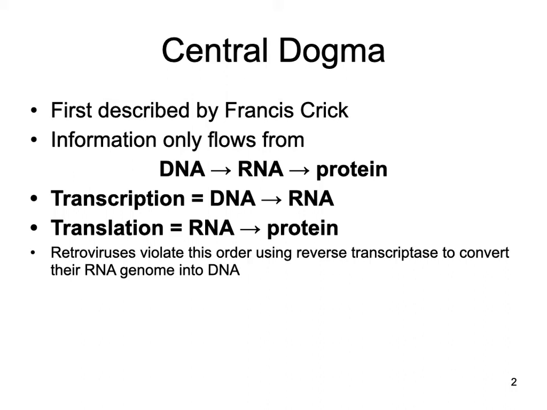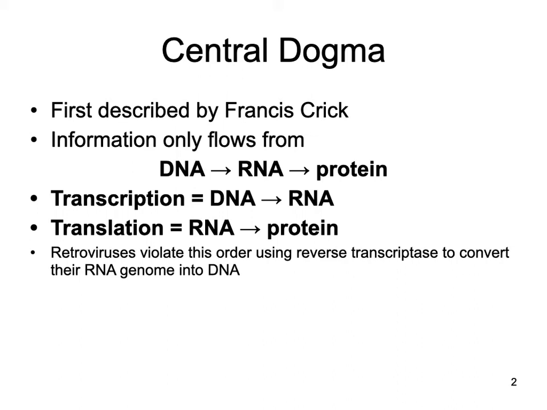This is called the central dogma of molecular biology, and it states that information, genetic information, flows from DNA to RNA to protein. And the process of information flow from DNA to RNA is called transcription, whereas information flow from RNA to protein is called translation.